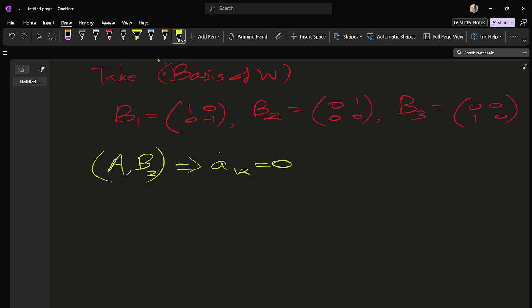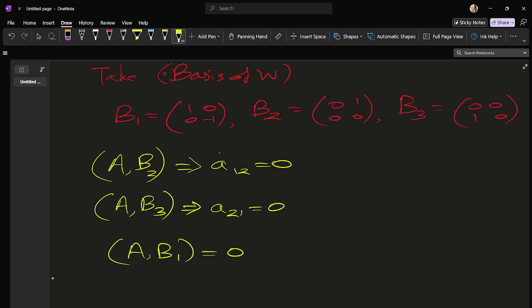Now the inner product of A, B3 gives us a21 equals 0. And now for A, B1, that is equal to 0, and from it we will have a11 is equal to a22.